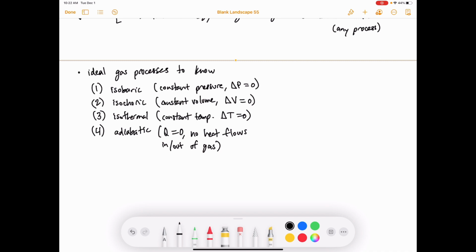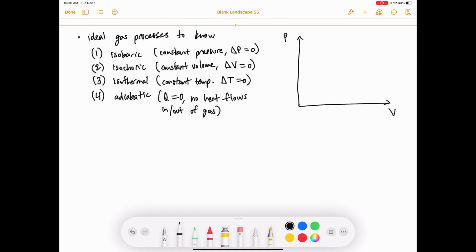Okay? Now, for each one of these processes, we should know what it looks like when we plot them out on a PV diagram. So remember, a PV diagram shows the pressure of the gas on the vertical axis and the volume on the horizontal.